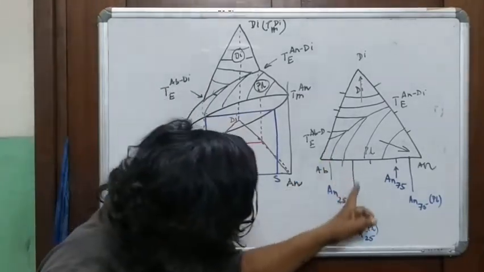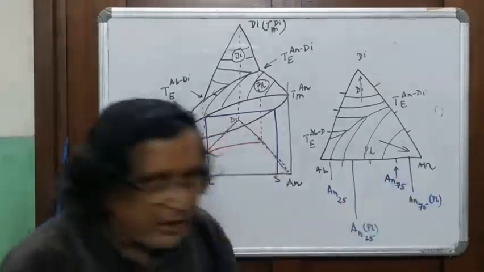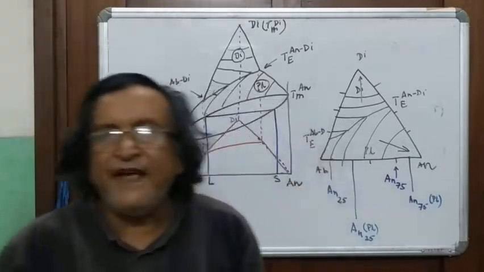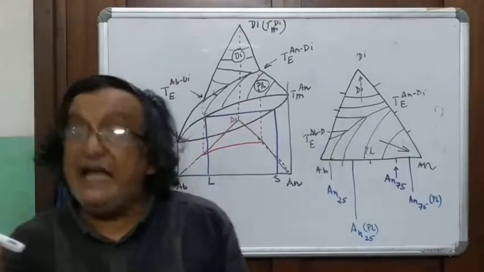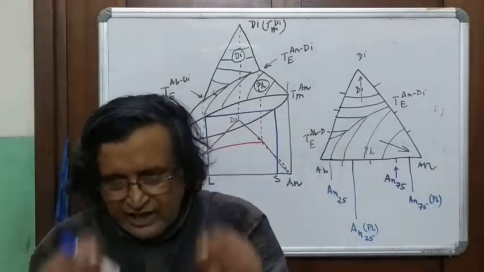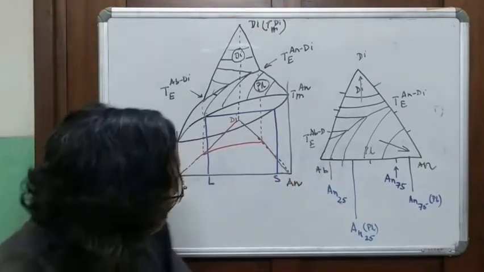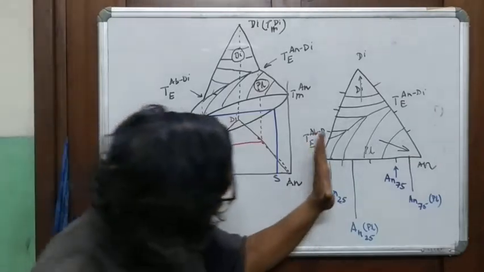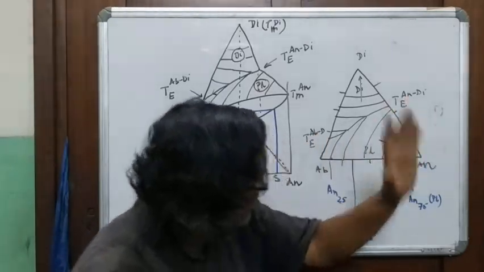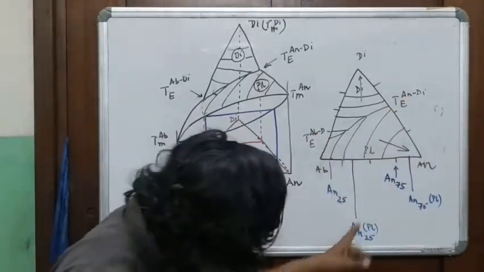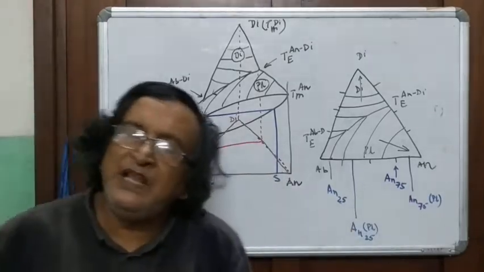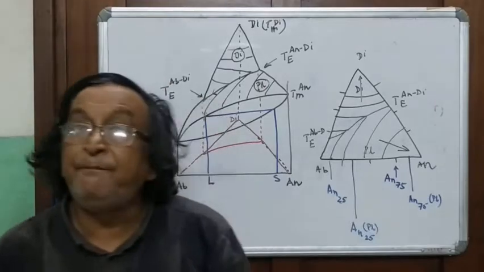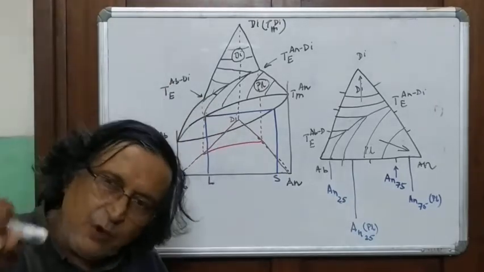But there will be another set of points, the composition of albite and anorthite in the melt; the albite and anorthite components in the melt will be given by these black lines. There will also be another set of lines in blue which will give you the composition of the plagioclase that is in equilibrium.